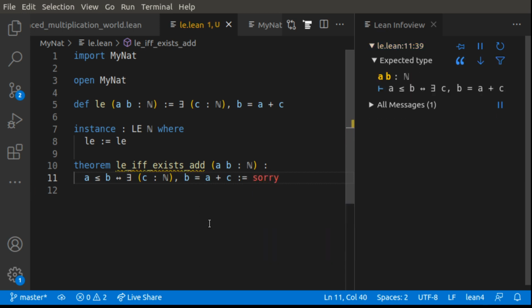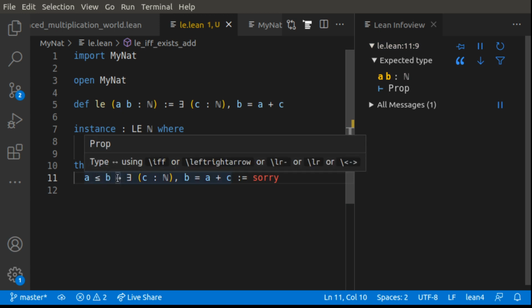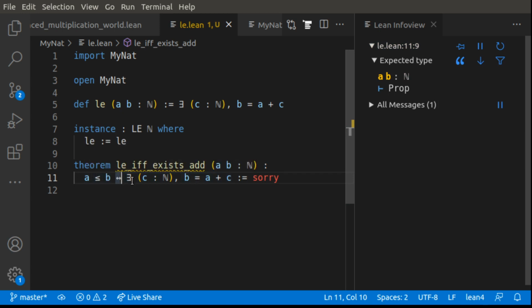So what is this if and only if? Well, we have our definition of less than or equal up here, and this is just saying that a less than or equal to b is the same as that.